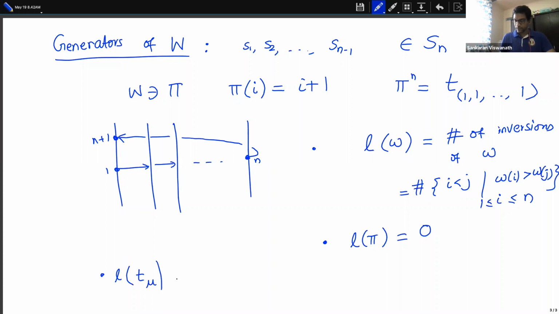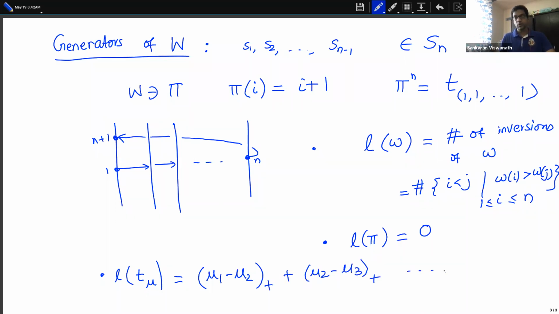So observe the length of t_mu in particular, you can actually write out a formula for it if you wish. It's how much you translate the first minus what you translate the second, but you only keep this if it's positive. If it's negative, then you just put a 0 there. So the positive part of mu_1 minus mu_2, plus the positive part of mu_2 minus mu_3, and so on.